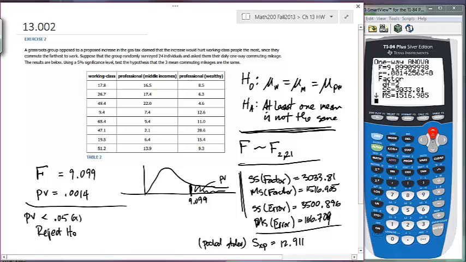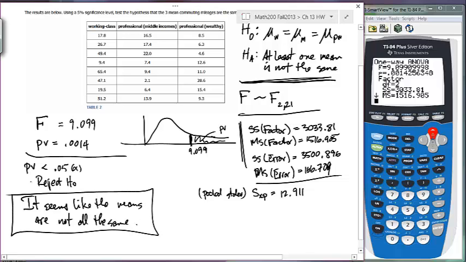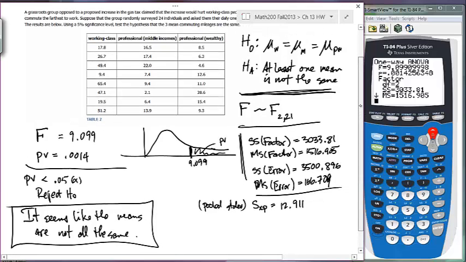So it seems like the means are not all the same. This is our conclusion based on our findings.